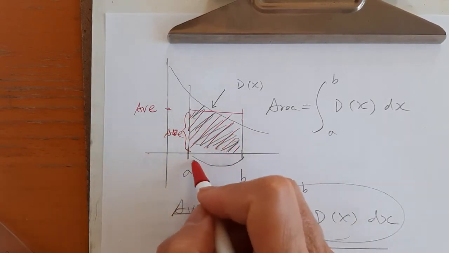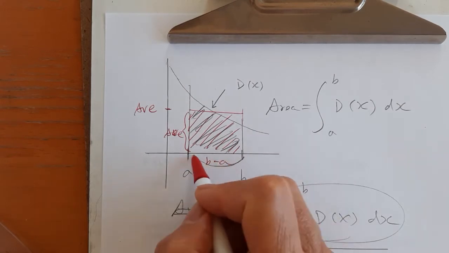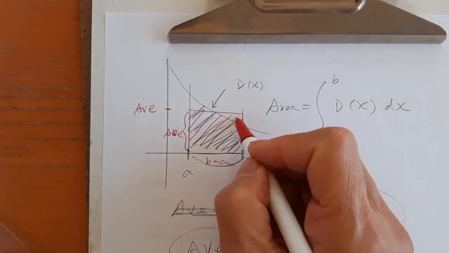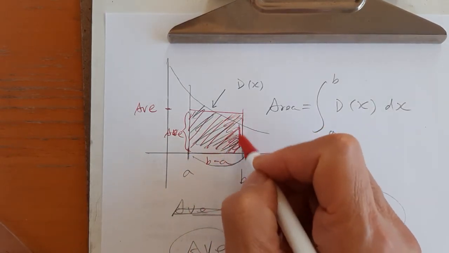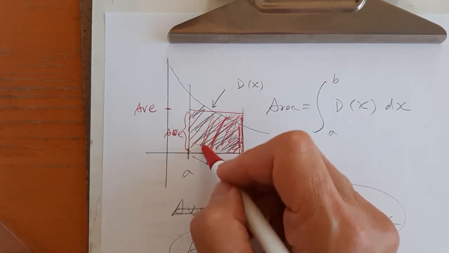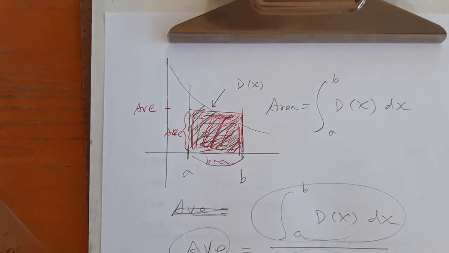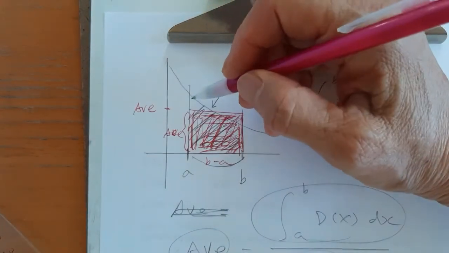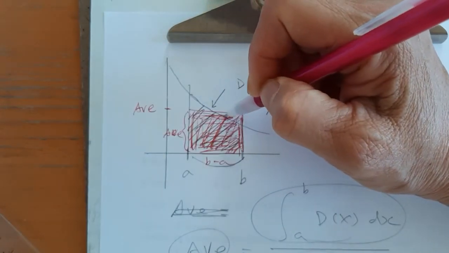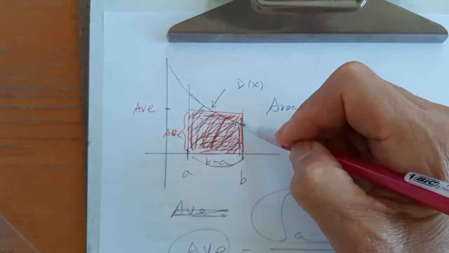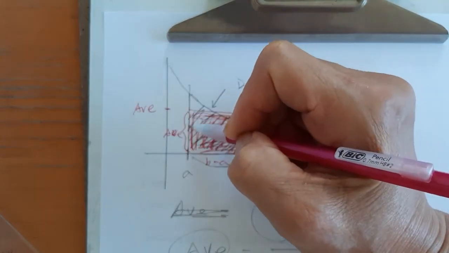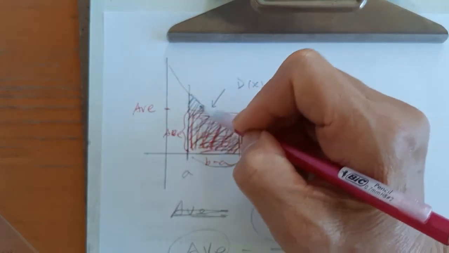This height times this base, b minus a, is this red rectangle area. The two areas are equal.